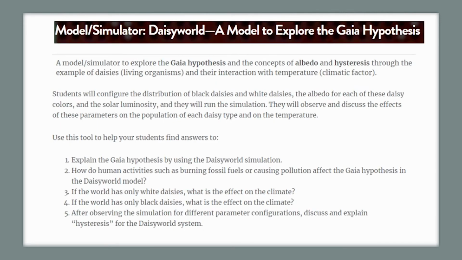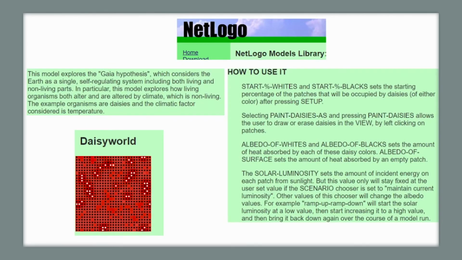A model simulator titled Daisy World, a model to explore the Gaia hypothesis. This model explores the Gaia hypothesis, which essentially considers the Earth to be a single self-regulating system that includes both living and non-living parts. In this particular model, you can see how the living organisms will both alter and get altered by climate, which is a non-living factor.